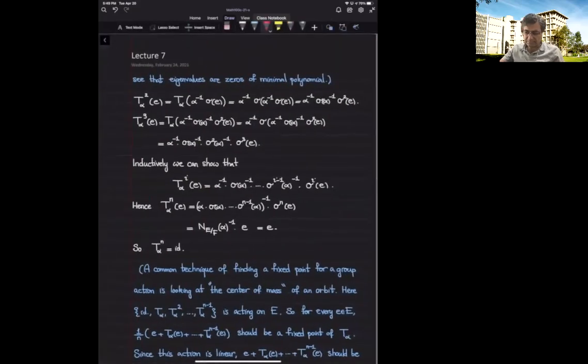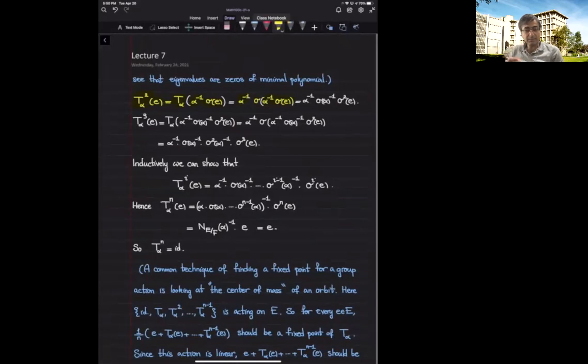Okay, so let's go to the next step. We want to understand powers of T sub alpha. So I look at T sub alpha squared applied to E. What does it do? I have to apply T sub alpha twice. When I do it once, I multiply by alpha inverse and apply sigma. When I do it again, I multiply by alpha inverse and apply sigma to whatever I had earlier.